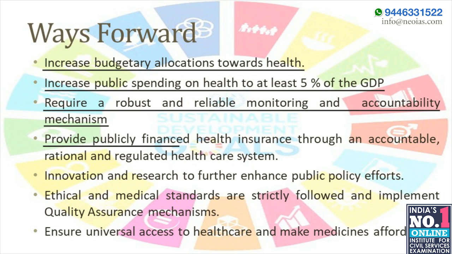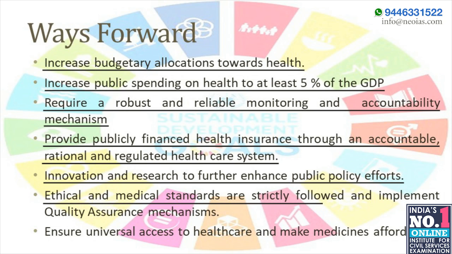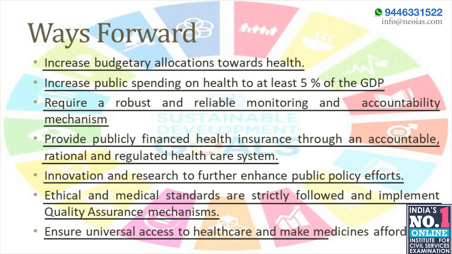Provide publicly financed health insurance through an accountable, rational and regulated healthcare system. Innovation and research to be conducted in these areas to further enhance public policy efforts. Ensure that ethical and medical standards of care are strictly adhered to and implement quality assurance mechanisms as laid down in the policy. Ensure universal access to healthcare and make medicines and vaccines affordable.